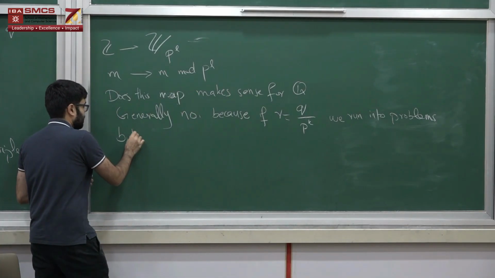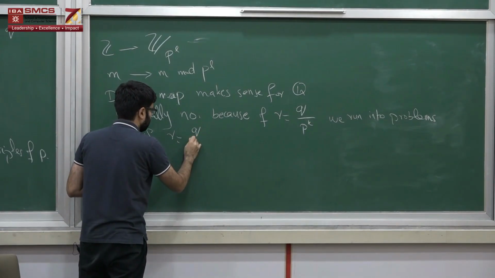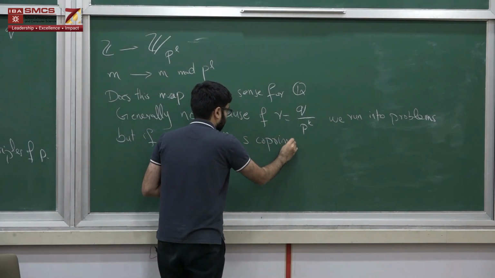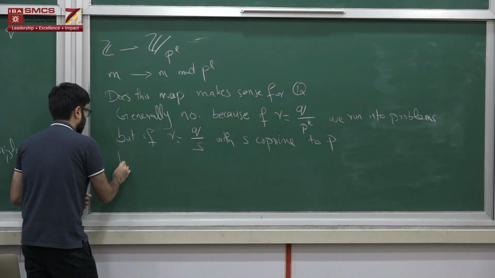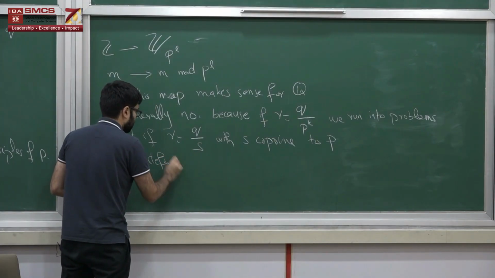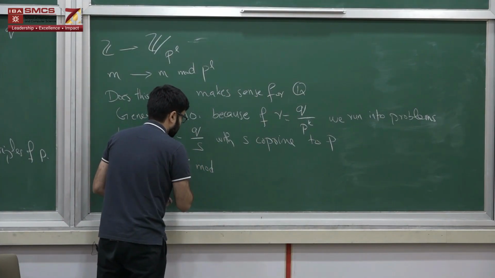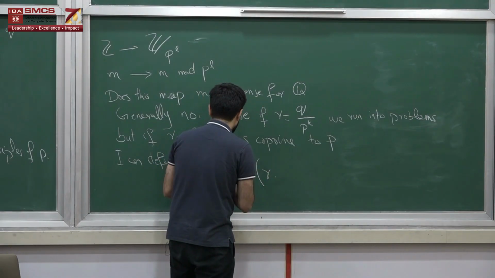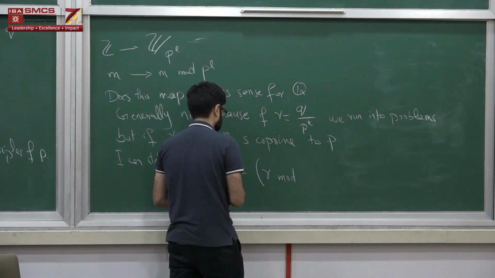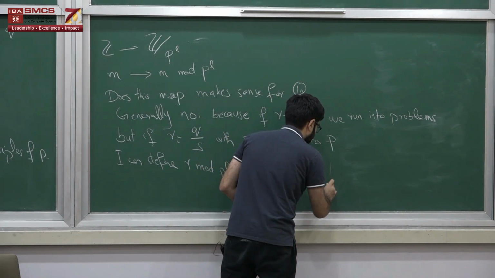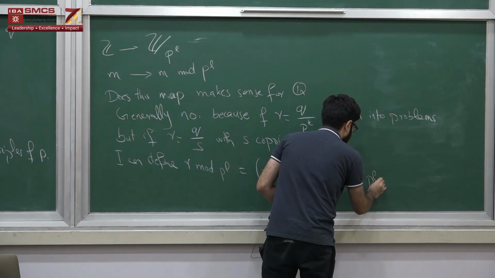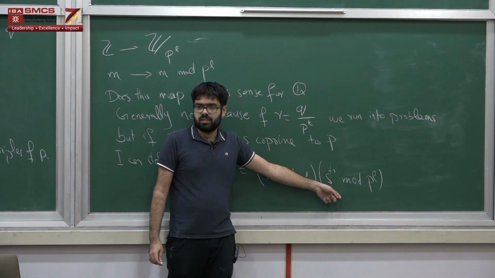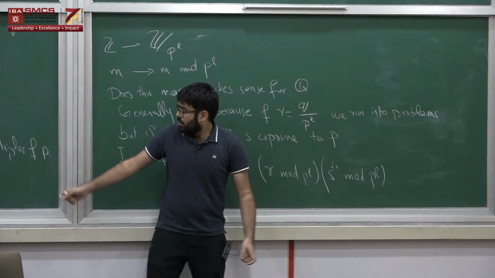But if r is, let us say, q over s with s coprime to p, I can define r mod p to the L to be just q mod p to the L, and I will multiply it with s inverse mod p to the L. And this is a pretty natural way of trying to extend this map, but this does not work if s does not have an inverse mod p to the L, and that is the case when we have a multiple of p.